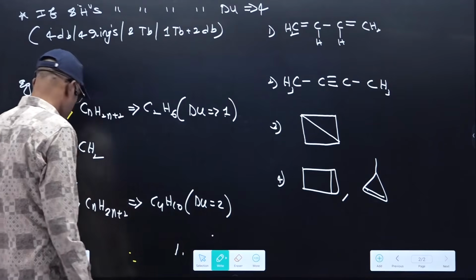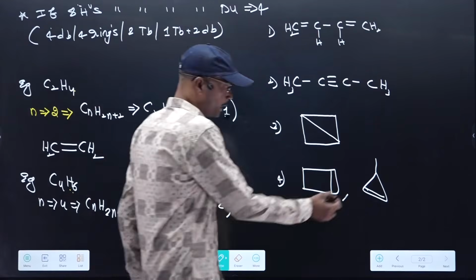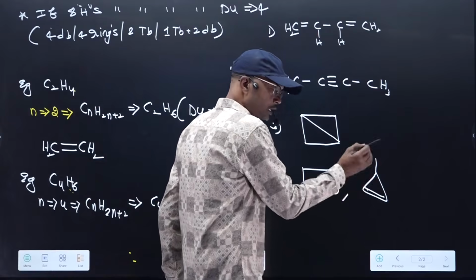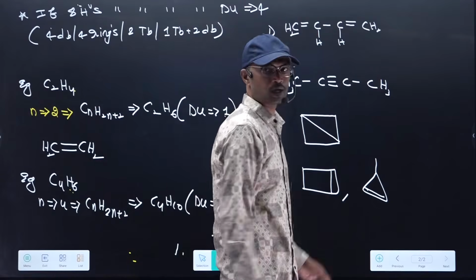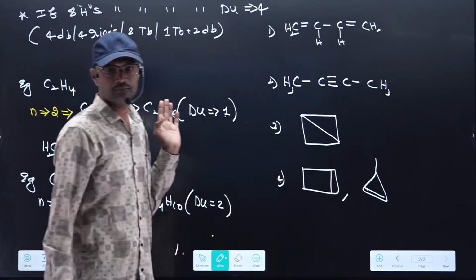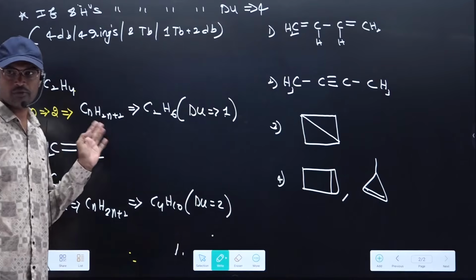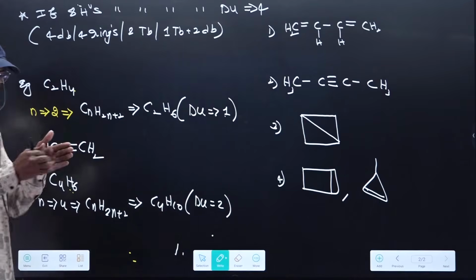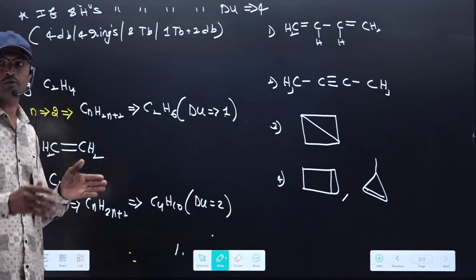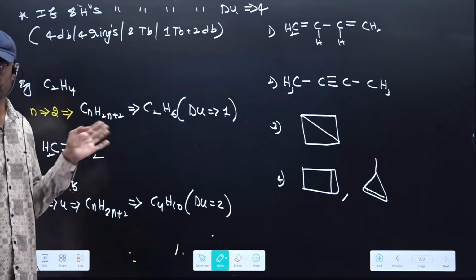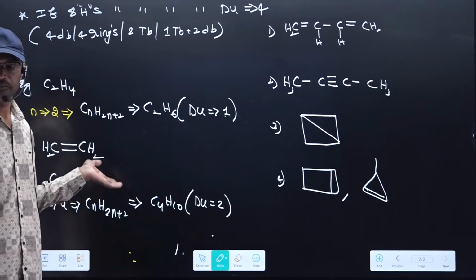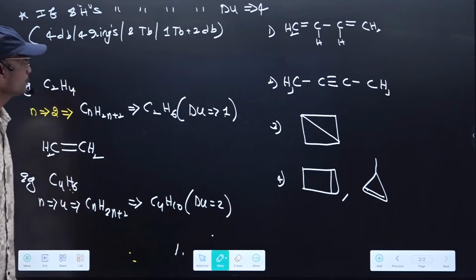So how many carbons are present? 4. Then take 4 carbons. Create one ring, one double bond. Automatically hydrogens will come. Clear? This is a way of creating a molecule based on mass spectrometry, based on fragmentation, we can determine the structure. That is the ring rule actually. Clear? Take that.